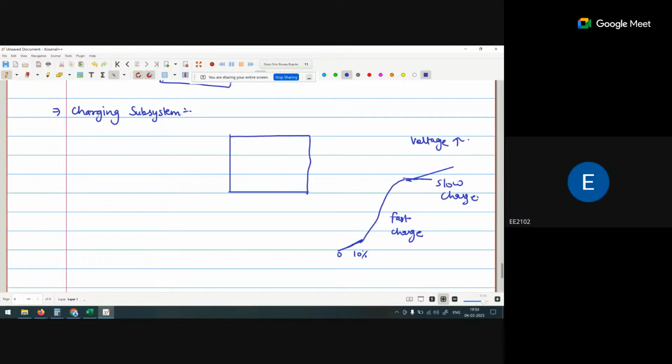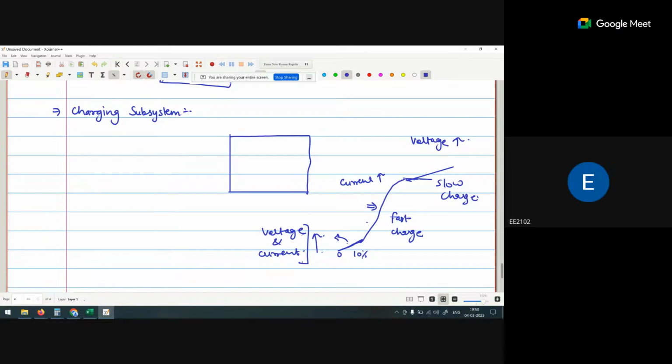In 10 to 90%, mainly the current is increasing. And in 0 to 10%, voltage and current both are increasing. This is the profile generally in the mobile phones we are seeing.